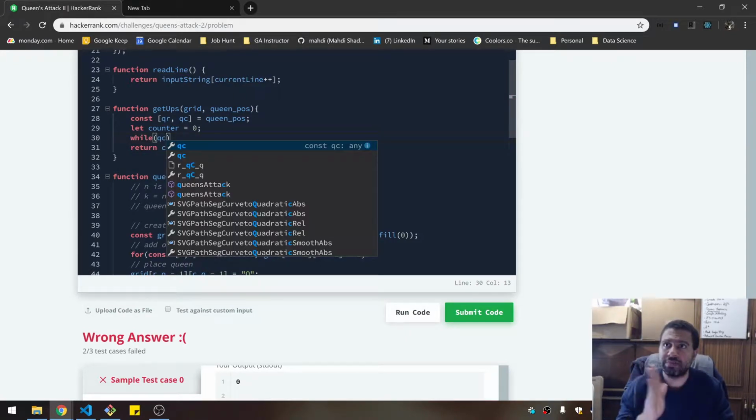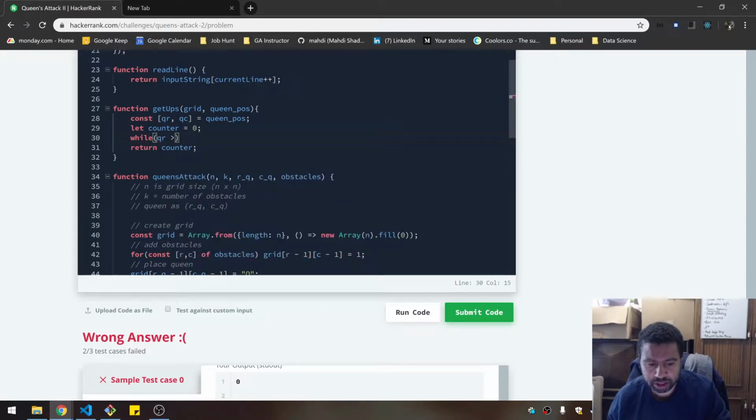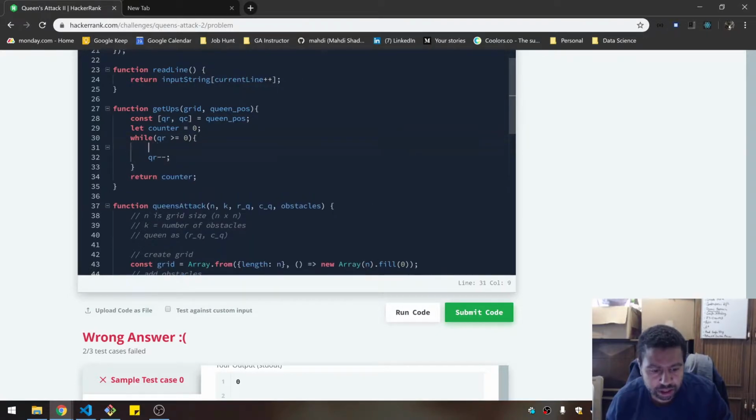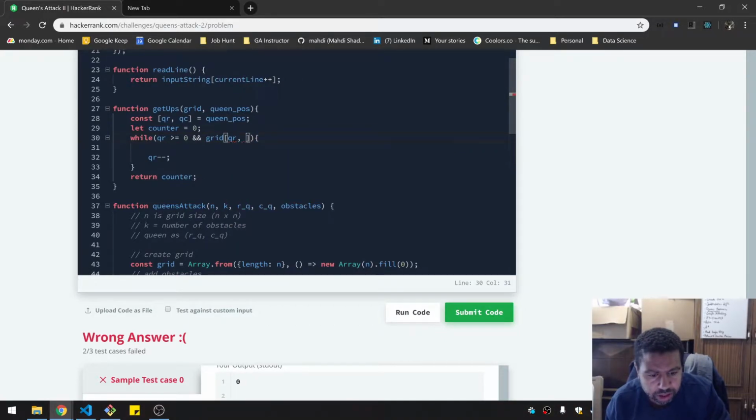The column stays the same. You're going up, so QR is greater than or equal to 0. We're going to do QR minus, and grid of QR and QC equals 0. The second it's not equal to 0, then we will not do anything.